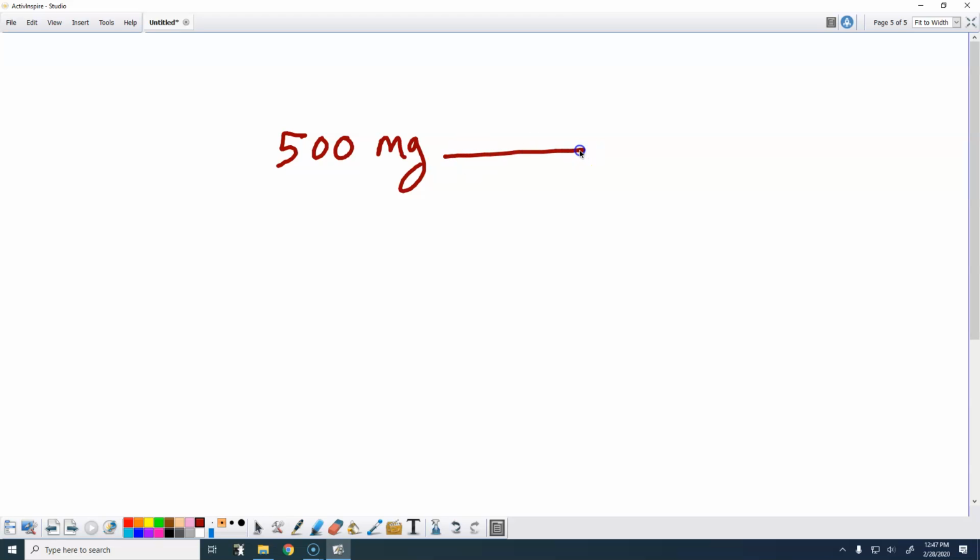First of all, I want to cancel milligrams out. So I'm going to multiply this by something, and what's going to go on the bottom? Milligrams. And let's say that I want grams. So I'm going to put grams in the top. So here's what we do. We ask ourselves, what's the conversion factor? So for every 1 gram, how many milligrams is that? I think it's 1,000. I could be wrong.